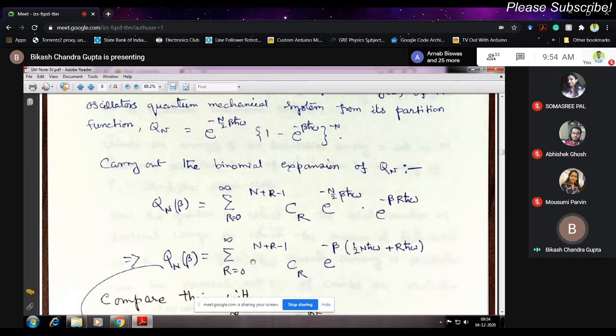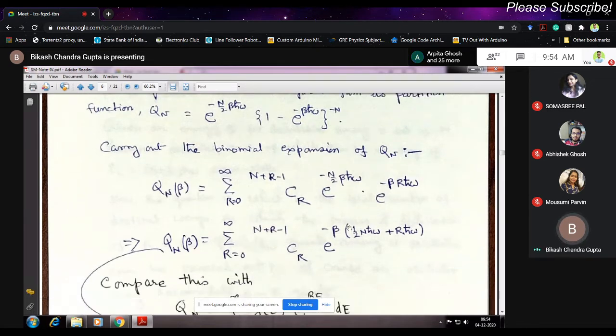Then you can write it in this compact form, e to the power minus beta n by 2 beta h cut omega. You take beta common, half n h cut omega. You see, this will always be there, right? Because this part is nothing but associated with the ground state of the quantum oscillator, and each quantum oscillator will contribute h cut omega by 2.